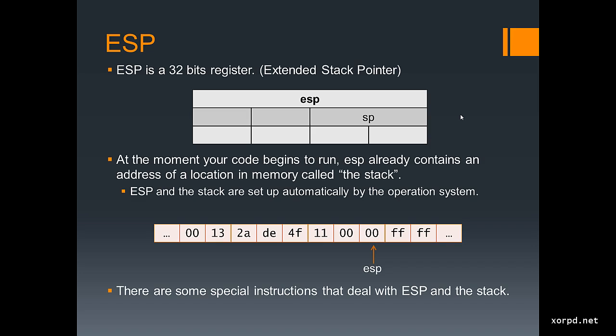In the beginning of your program, you already have the stack and ESP pointing to some location inside the stack. This is just an illustration of how it probably looks like. I want to note that the location which is called the stack in the memory is just a part of the memory. Nothing is really special about it.